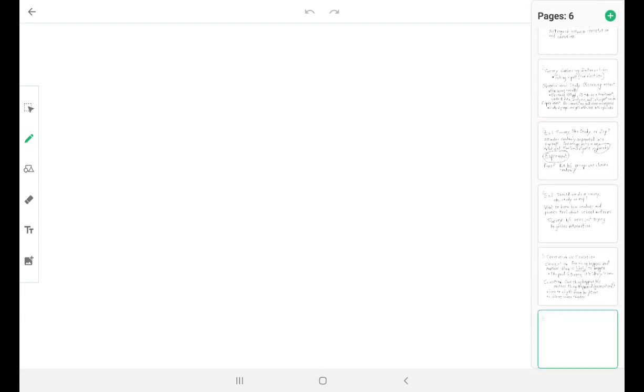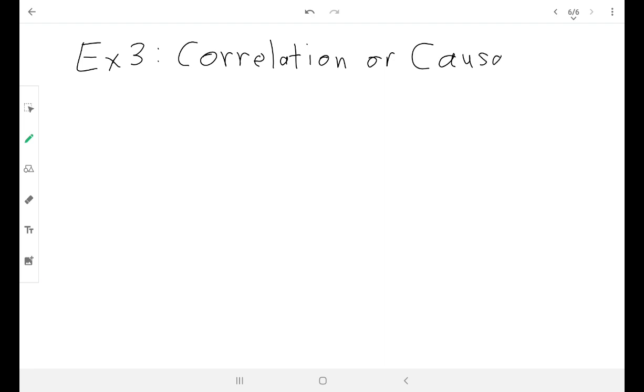Okay? So let's talk about an example here. This is example 3 for our notes. And this is a very simple question. Correlation or causation. And here's the scenario.